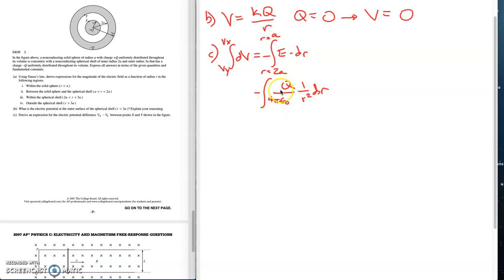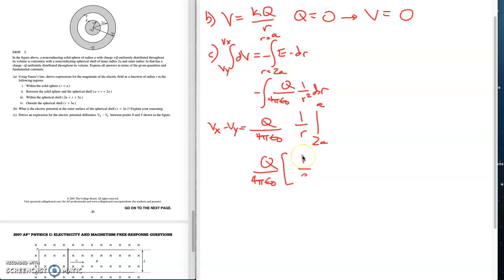So all of these are constants. They go along for the ride. And when we integrate this, we get a 1 over an r with a minus sign, but we have another minus sign there. Oh, goody. And we're going to go from 2a to a. And that gets us on the left side Vx minus Vy. And when we plug these in, again, the constants go along for the ride.